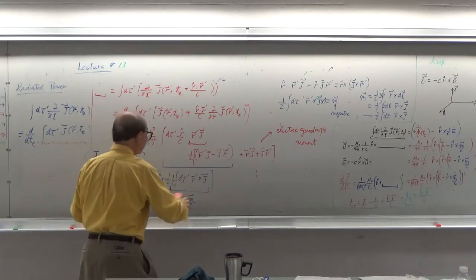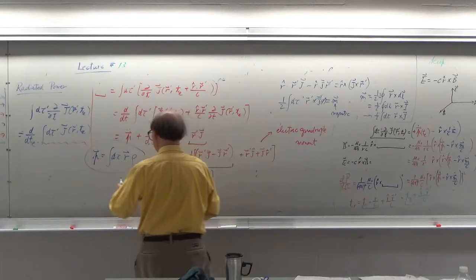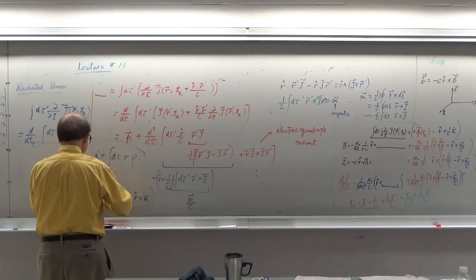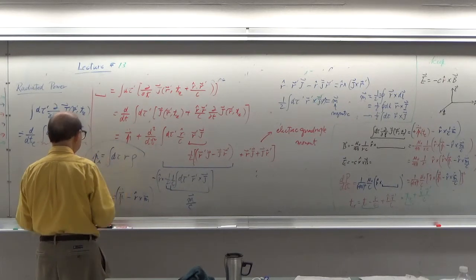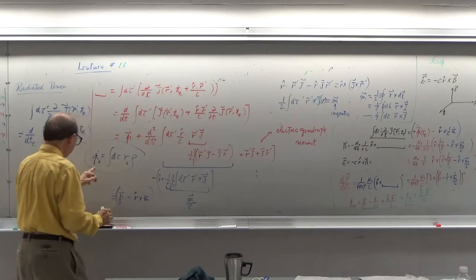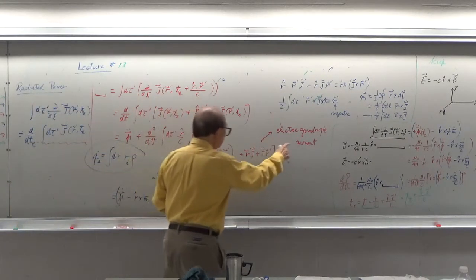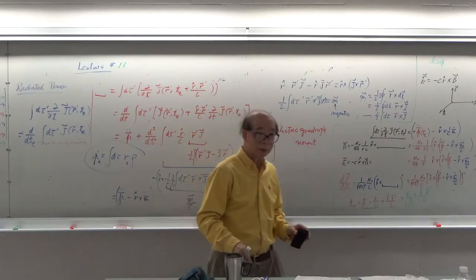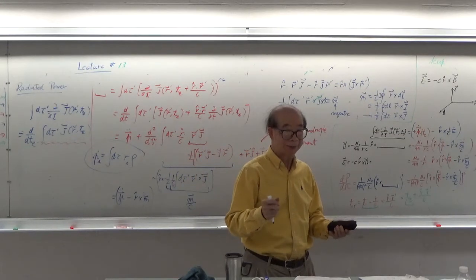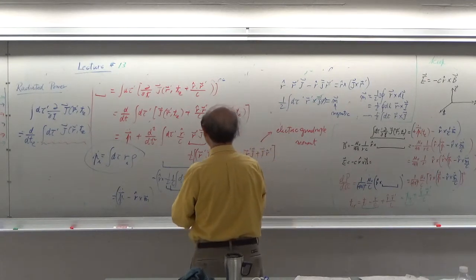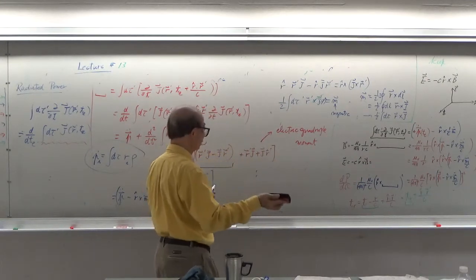So there's one index, P i. The dipole moment carries one index, is a vector, whereas the quadrupole moment is in fact a dyadic, carries two indices.